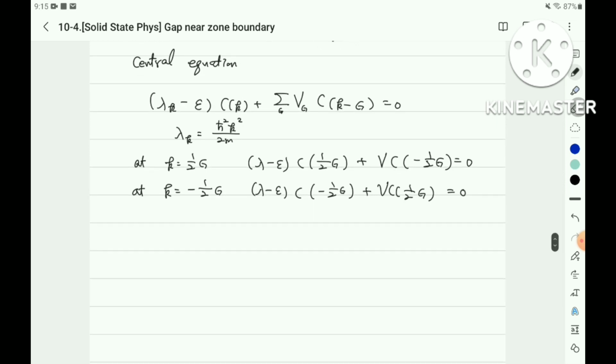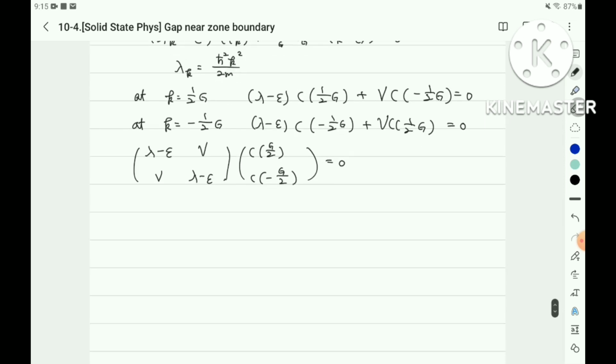We can make the matrix, with lambda minus epsilon on the diagonal and V off the diagonal, acting on C at G half and C at minus G half, equal to 0. It is the matrix form.